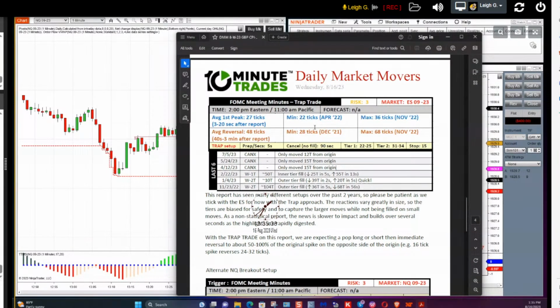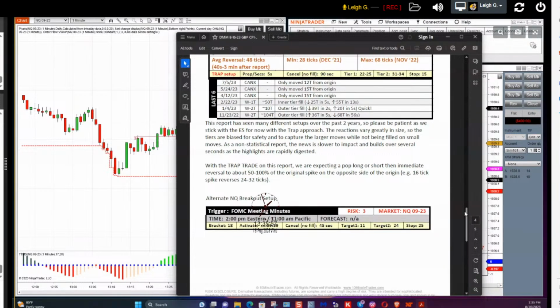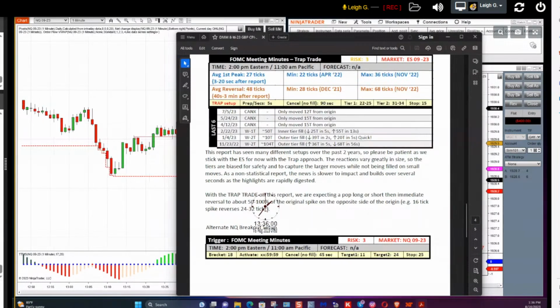When you get a situation where your setup's not working, you have to either take a break for a month or two, or look for another setup. Now, the problem is we have an alternate setup, and the alternate setup has not been trading all that well either.